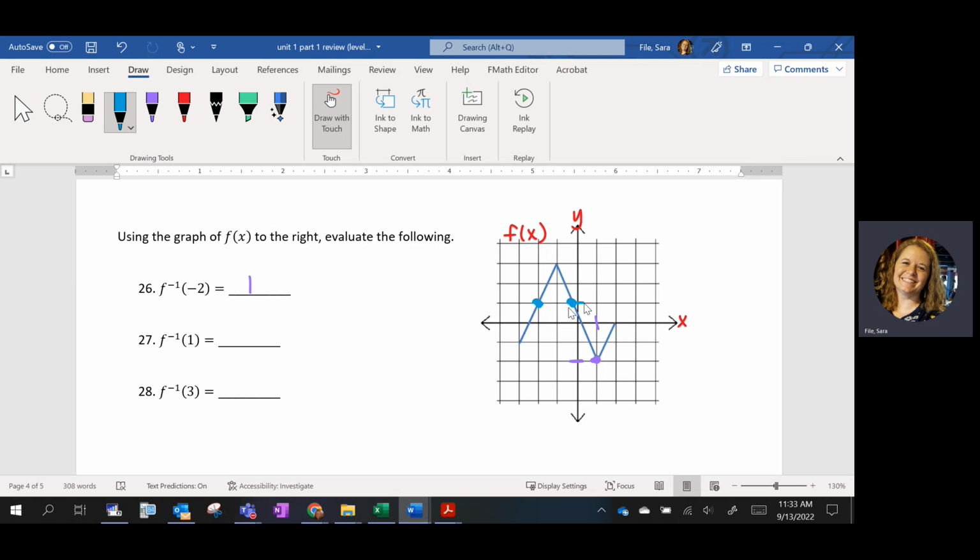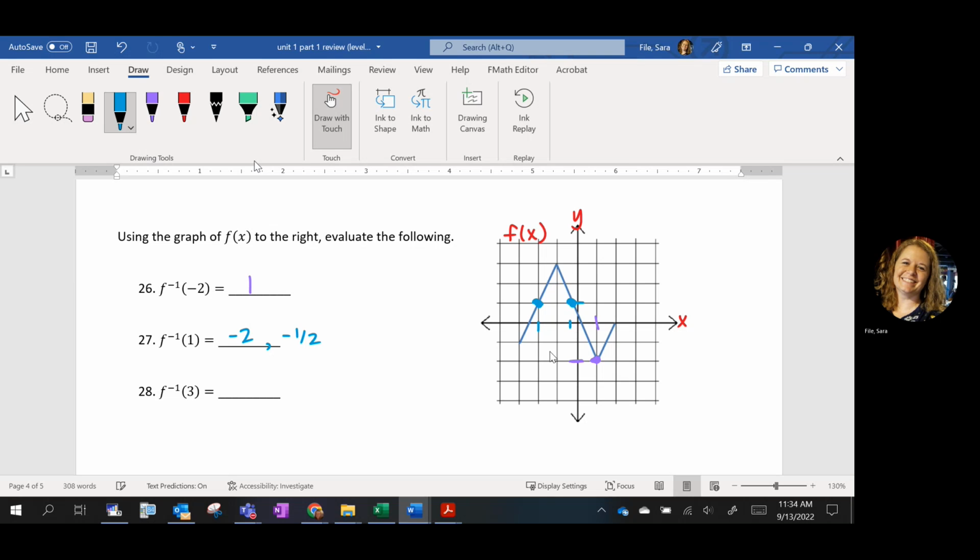Y'all see that? So that's at -2, and it's at, I don't know if that's quite at half. I'm going to estimate to the nearest half, so I'm going to say about -1/2. That one technically had 2 answers.